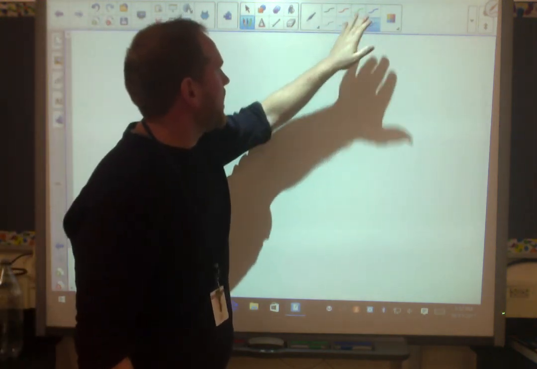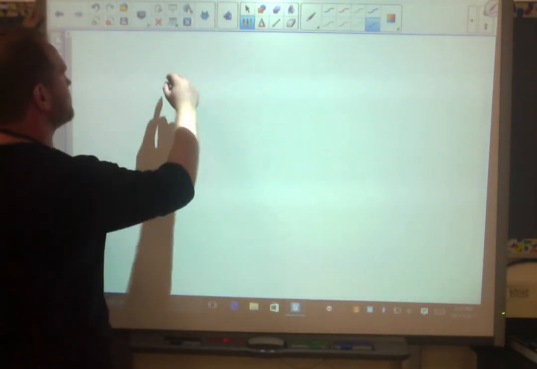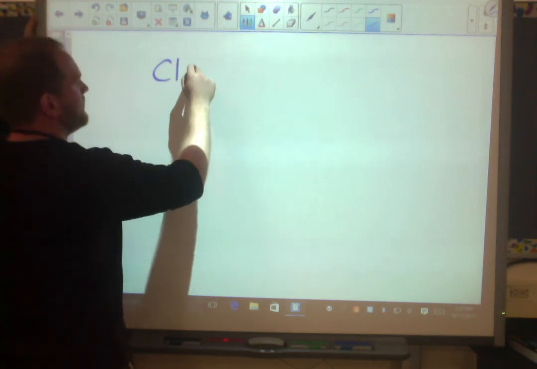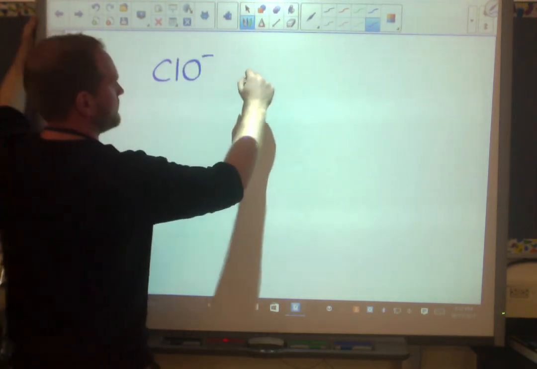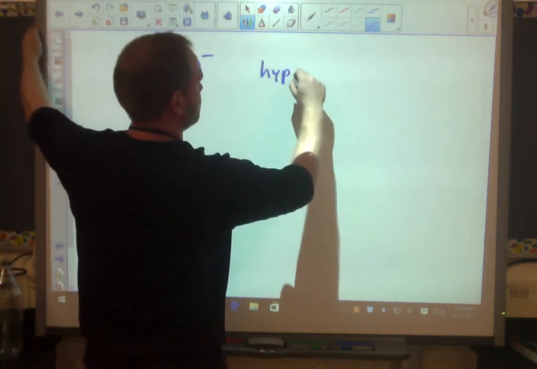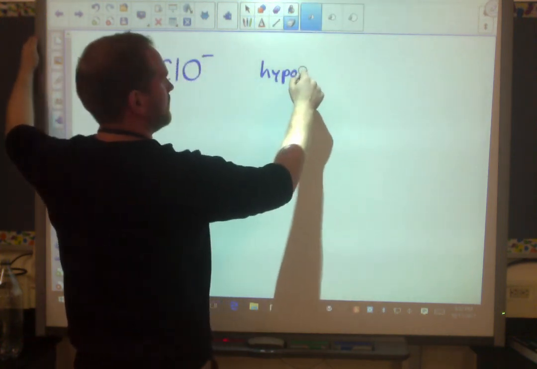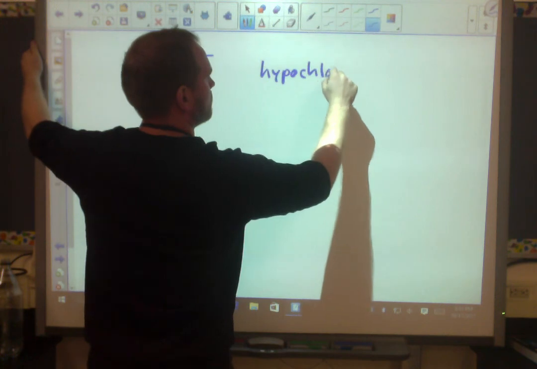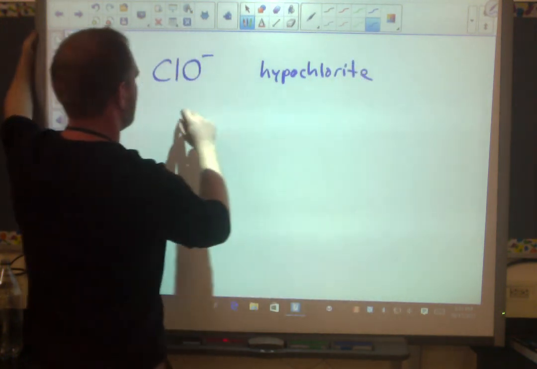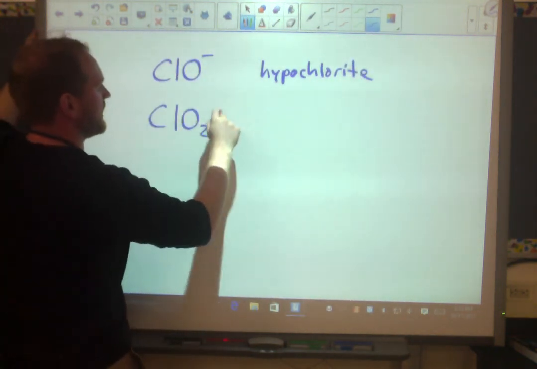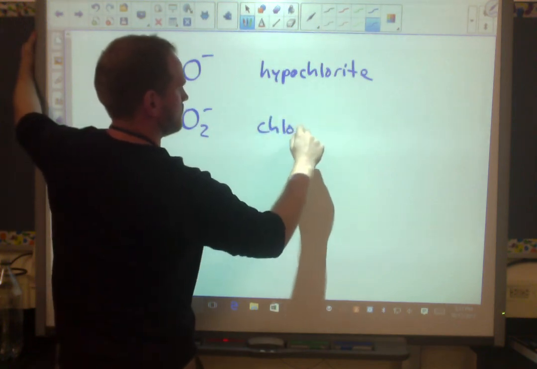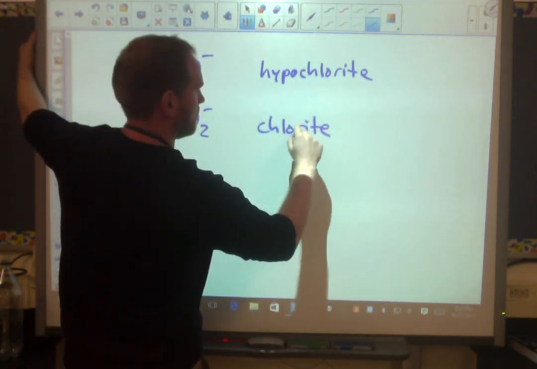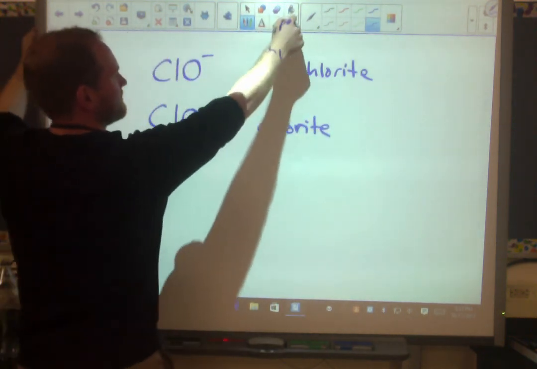There's a common group of polyatomic ions that go like this. ClO minus is hypochlorite. ClO2 minus is chlorite.